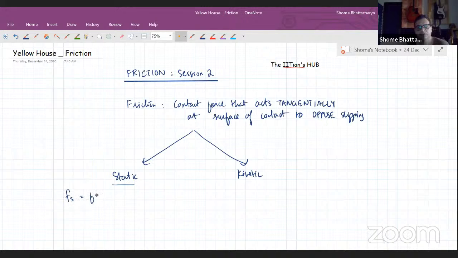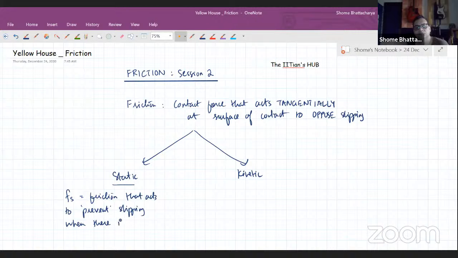Static friction is the friction that acts between two surfaces to prevent slipping, when there is a tendency to slip.